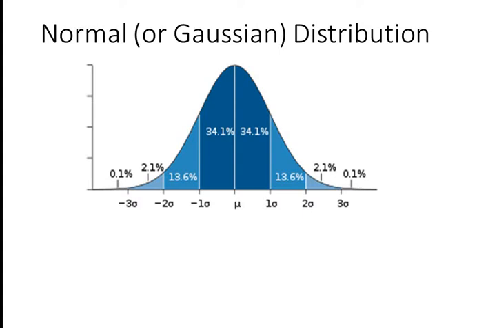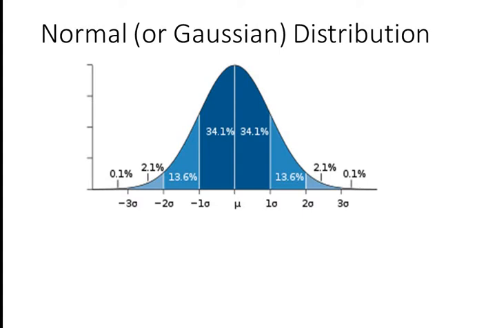In the center of the horizontal line is the mean, denoted by the letter mu, and it also corresponds to the highest point on the normal curve. We know that the highest point here shows also the most frequent value, or the mode. So the mean would be equal to the mode.